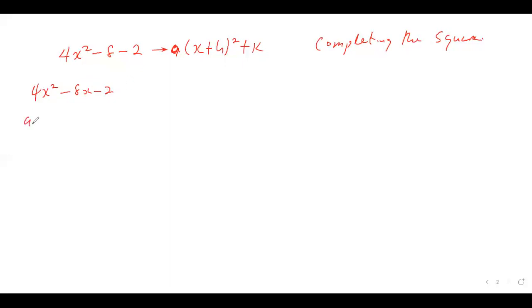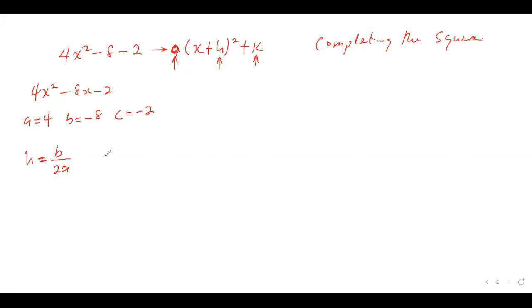Now, let's say A is equal to 4, B is equal to -8, and C is equal to -2, right? You are going to know the formula. We need A, we need H, and we need a K. So first of all, we are finding H. H is B over 2A. This is a formula you have to know before you enter into the exam room. Formula for H is B over 2A.